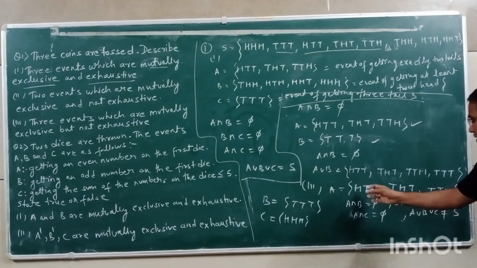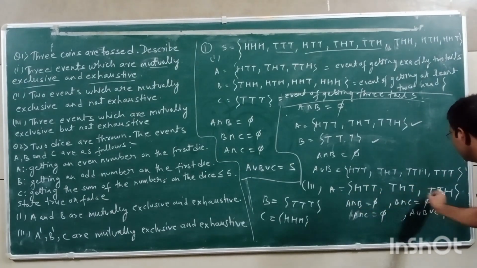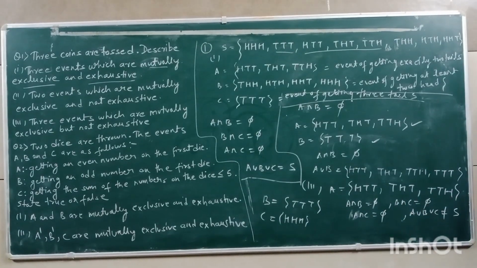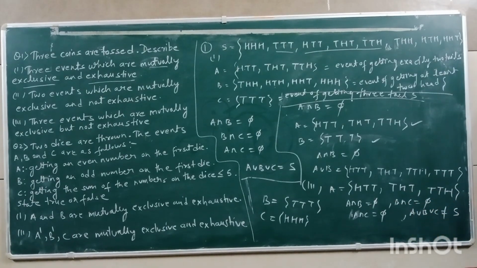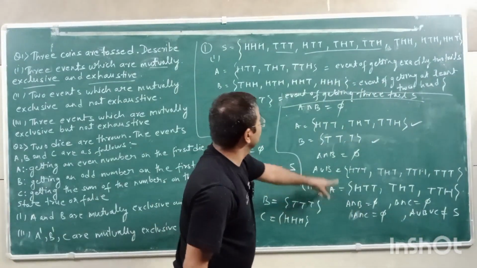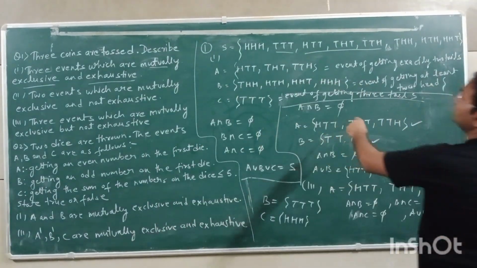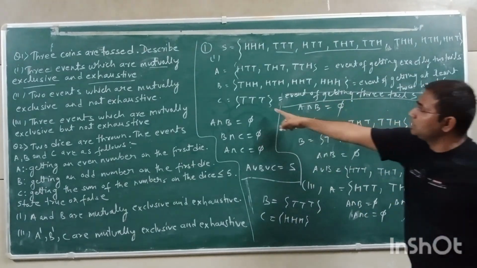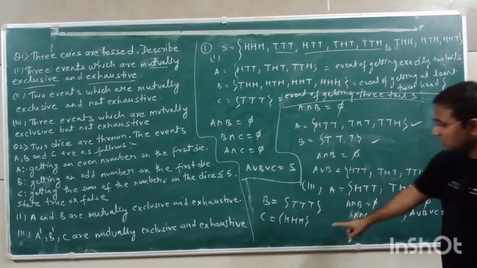And A union B union C is not equal to the sample space. See here, only 1, 2, 3, 4, 5, 6 elements will come, not the whole set. So these are mutually exclusive and not exhaustive. A we have already defined here. B is already defined here: triple T, the event of getting three tails.